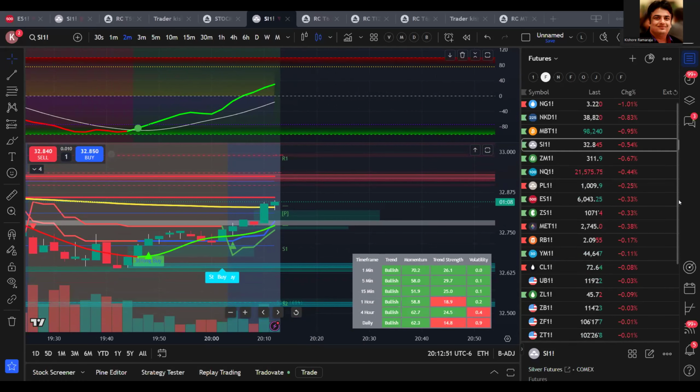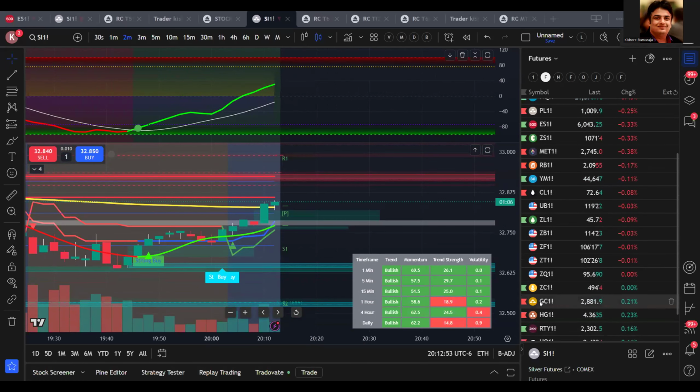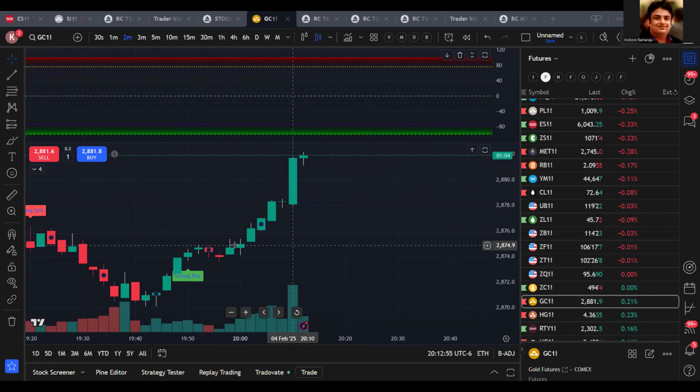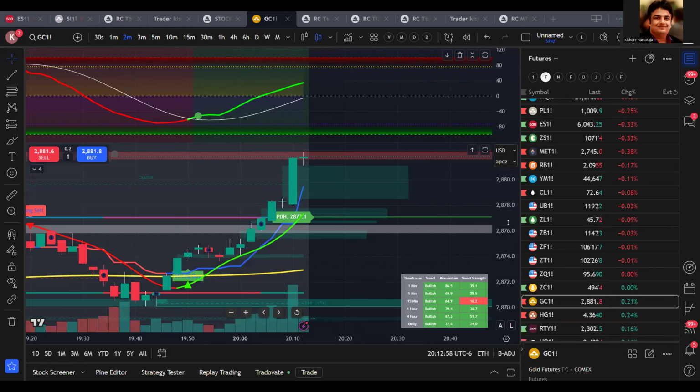Let's also look at gold. Silver is going up. Gold also will be. Gold is also very bullish.